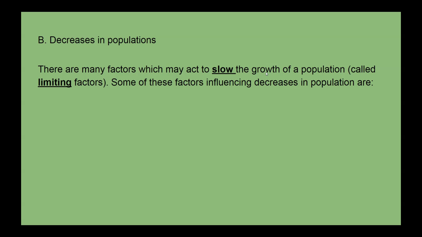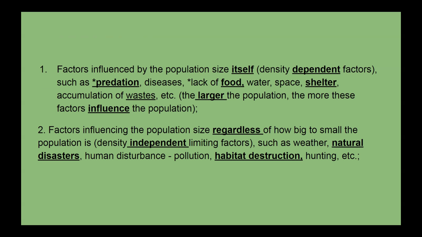So there are a lot of factors that act to slow the growth of a population. These are your limiting factors. If you took chemistry, think back, I know you all hate it, to stoichiometry, there was a limiting reactant. This is kind of the same thing. There are limiting factors. Factors that are influenced by the population size itself are called density-dependent factors. Predation, huge.